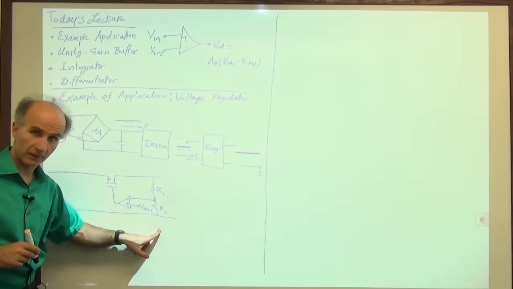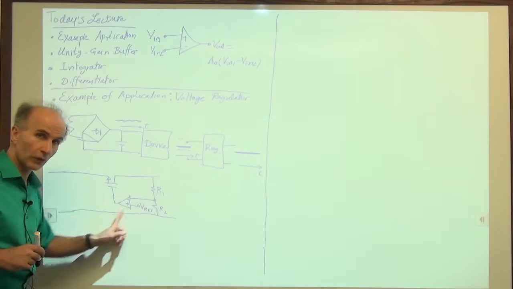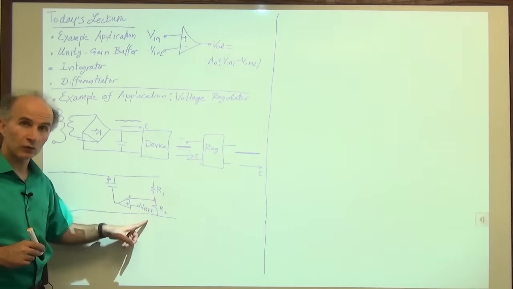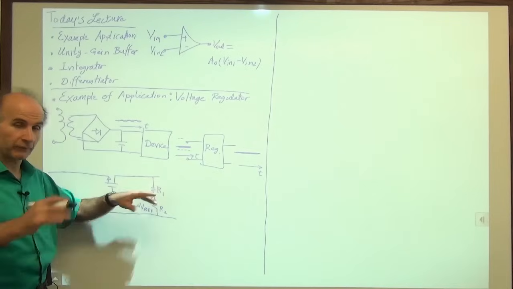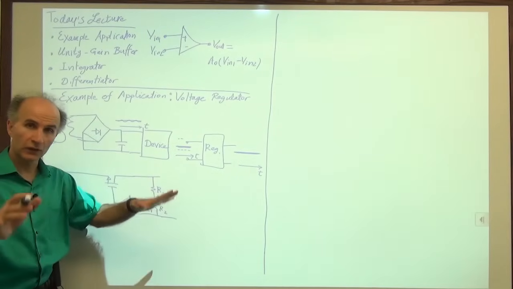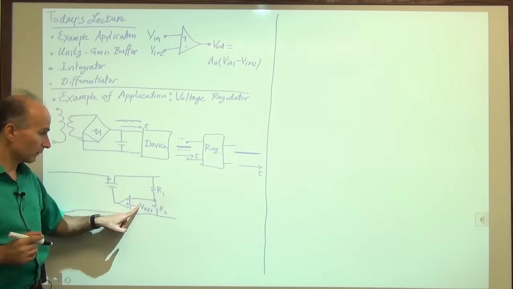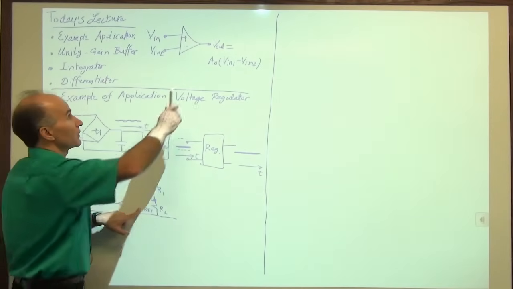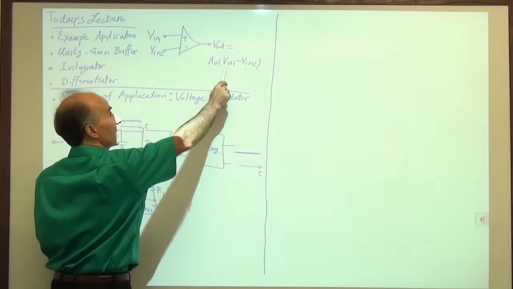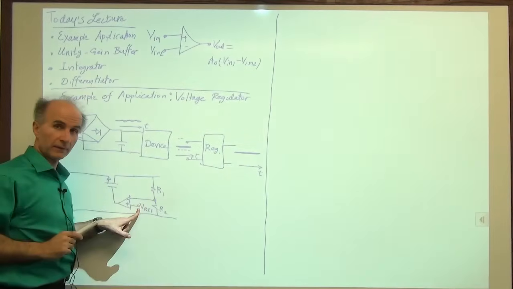This voltage decreases. So this loop tries to regulate this voltage so that after everything is settled and everything is good, this voltage and this voltage are very close to each other. Remember the fundamental equation. We said if this gain is very high, these two are very close to each other.